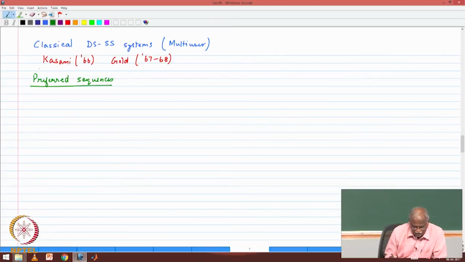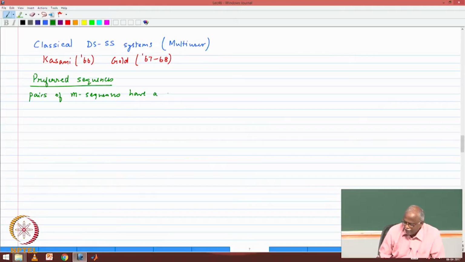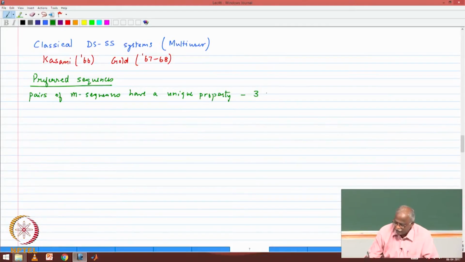They showed that there are pairs of M sequences, sets of 2 M sequences, which have a unique property: when you try all combinations of shifted versions of these 2 M sequences, the cross correlation can take only 3 values. That unique property is a 3-valued cross correlation.